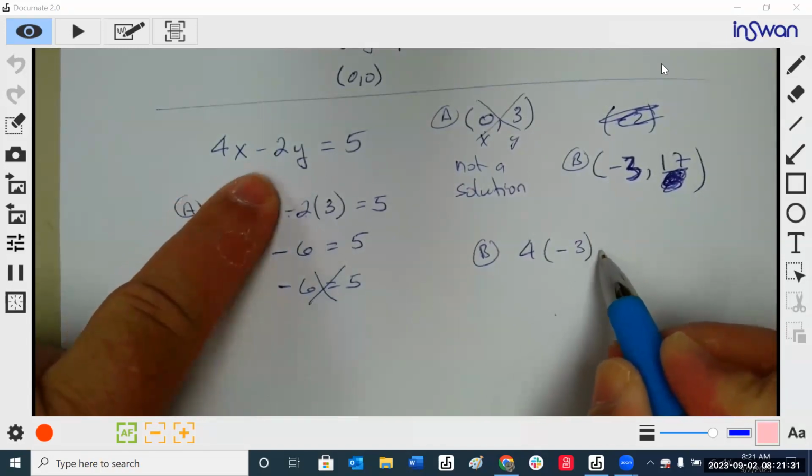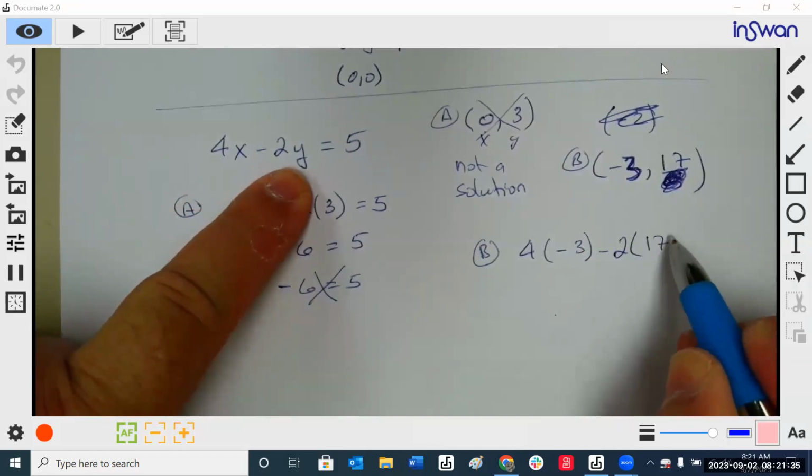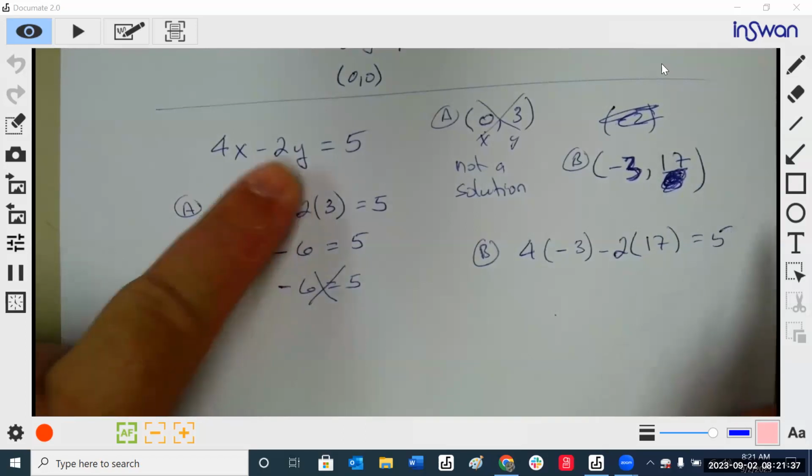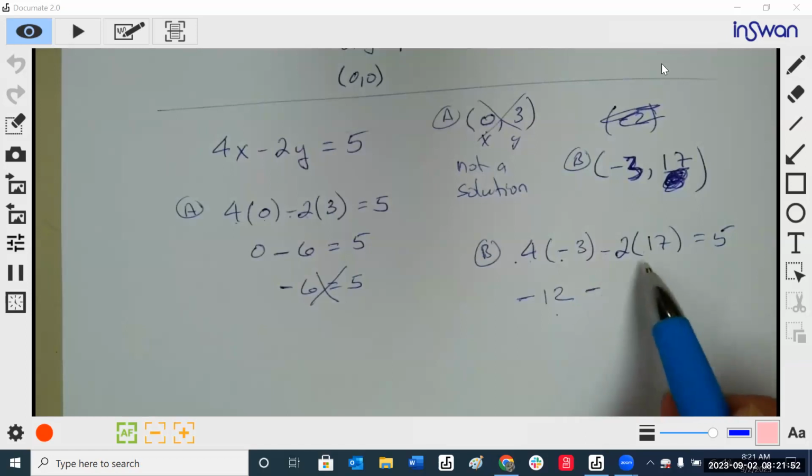Negative 3 minus 2 times Y is 17. Positive times negative. 4 times 3. Next one. Negative times positive. 2 times 17.